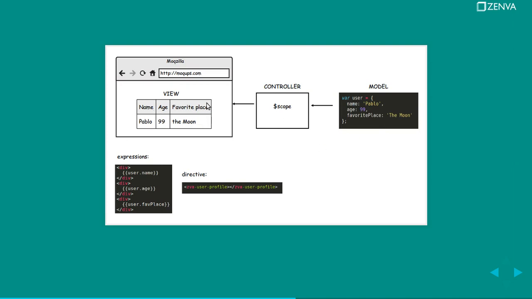A view is what the person sees at the end, what the user will see. It's what's rendered on the page. So the glue between the two things is a service called scope, and that all occurs in the controller. So basically, what you usually do is that you will attach your models to your scope, and your scope can be accessed by the view. You can show stuff that's available on your scope.